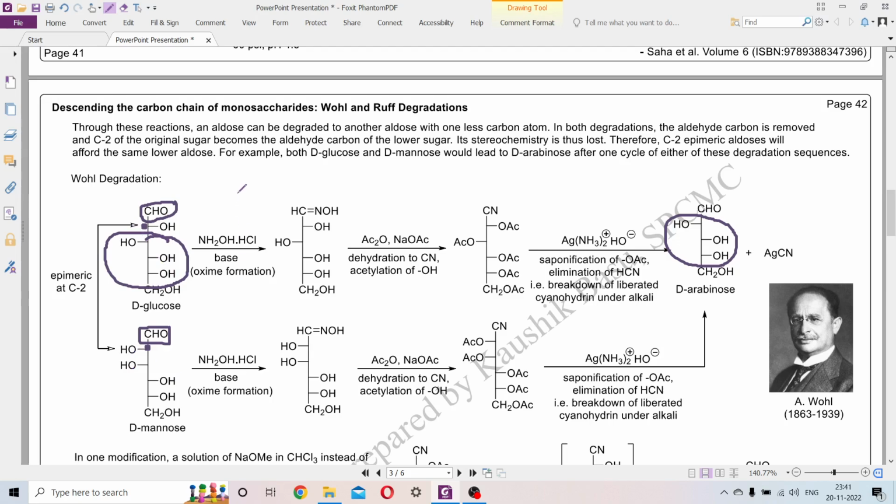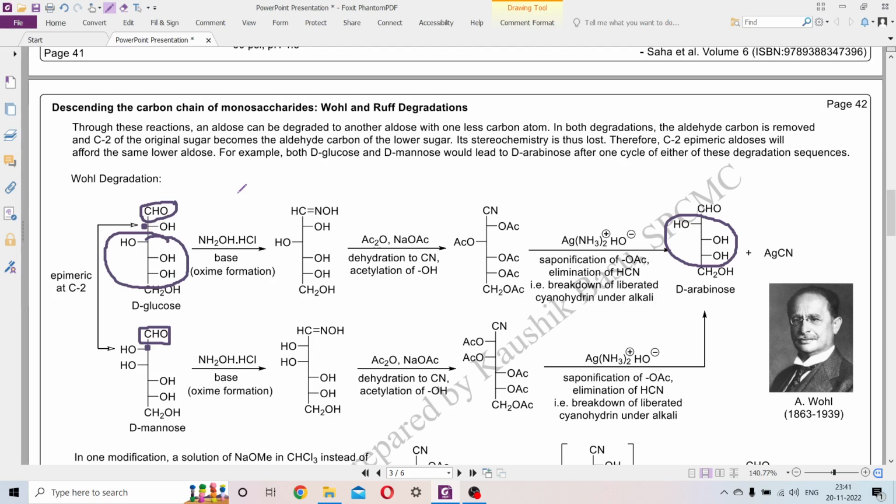So in essence it is the reverse of the Kiliani-Fischer synthesis. And the chemistry is also reversed, because you introduced the additional carbon in the form of cyanide. You will remove this CHO in this case also in the form of cyanide.